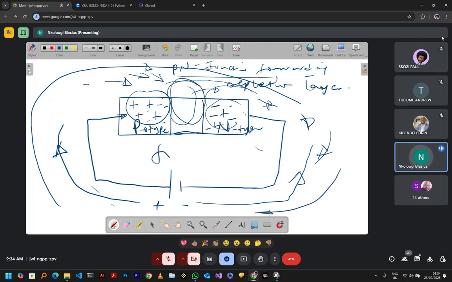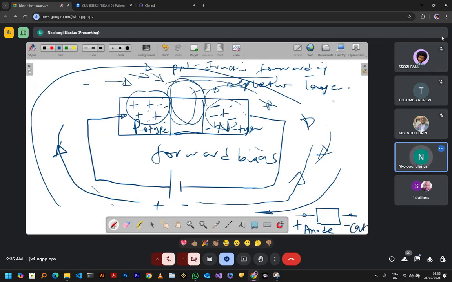So this is what we call the forward biasing, and this is the principle that LEDs follow. If you supply current in this kind of arrangement, the diode will always allow current flow from the positive terminal, which is called the anode, to the negative side, which is the cathode.